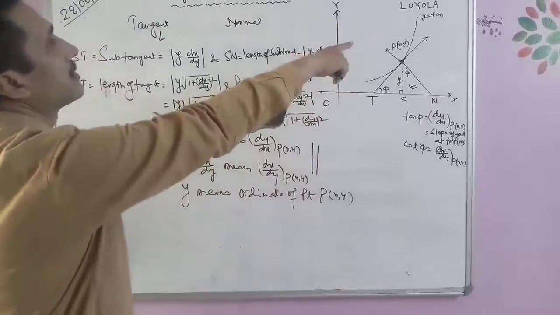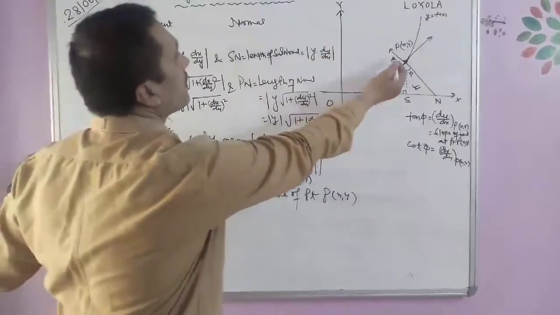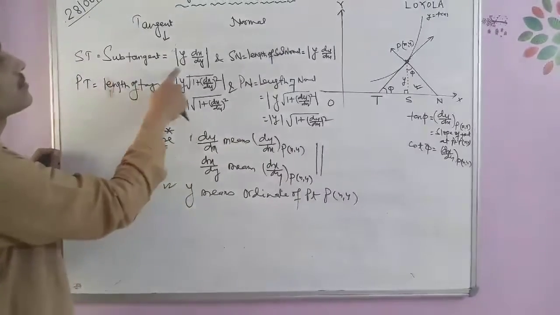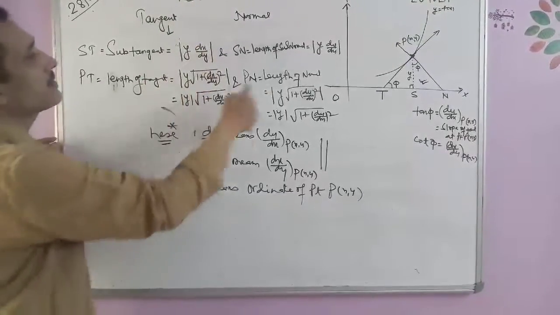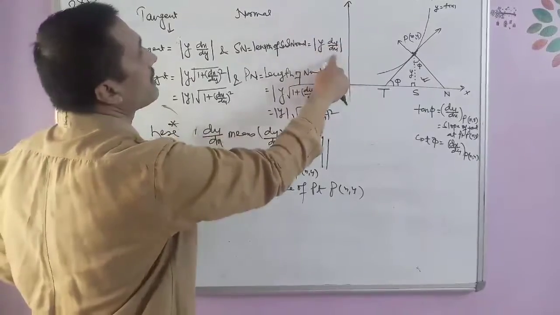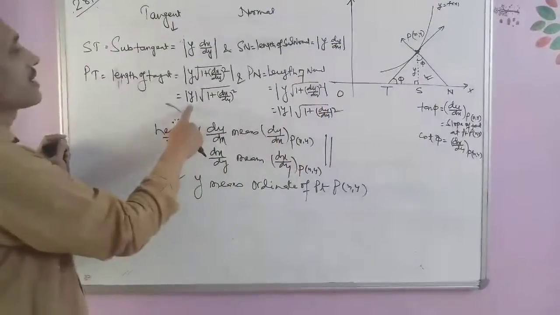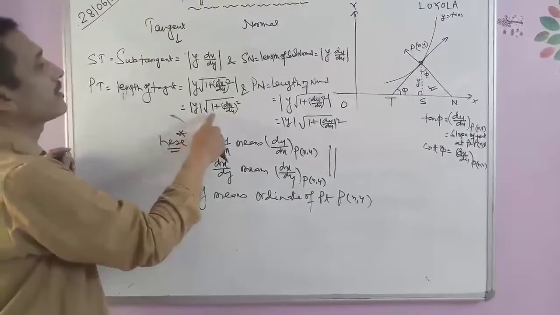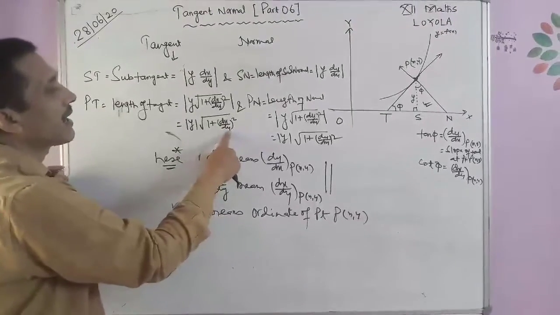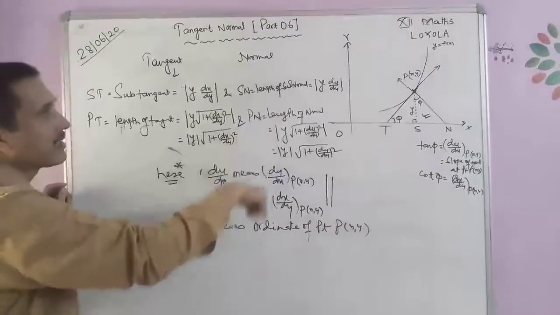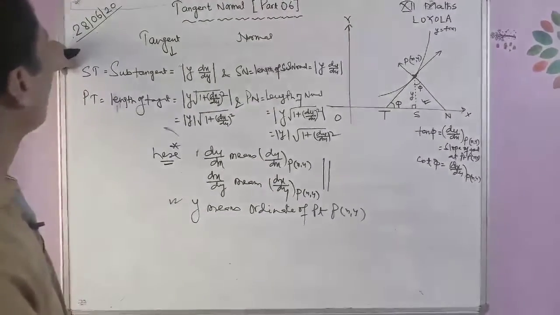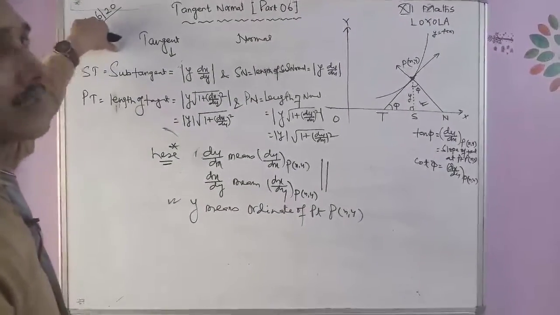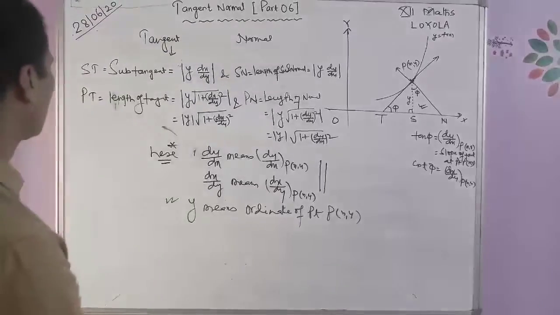If we take the coordinate of point P as (x1, y1), the result will be y1 dx by dy at P(x1, y1), y1 dy by dx at P(x1, y1). Similarly, modulus of y1 under root 1 plus dx by dy at P(x1, y1) whole square, and so on. Now we discuss some questions directly based on these results.